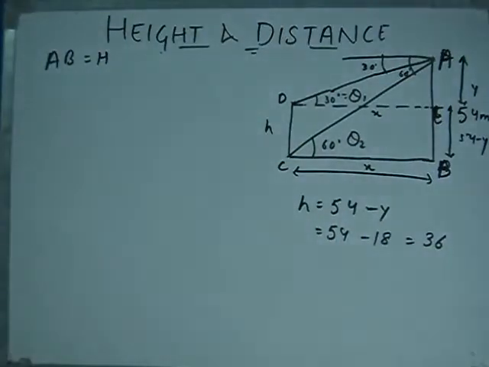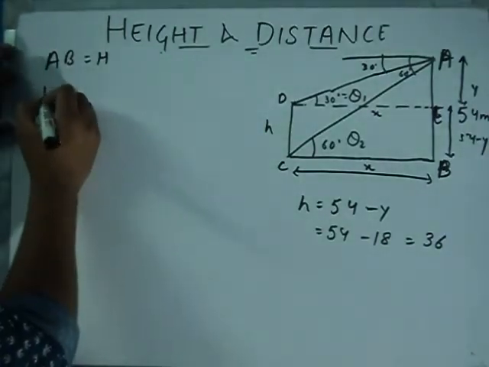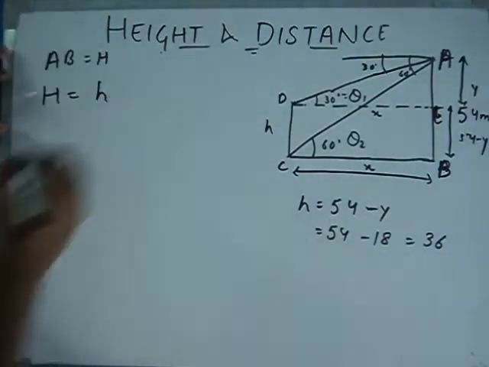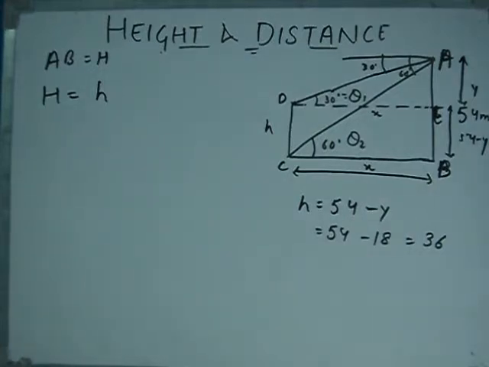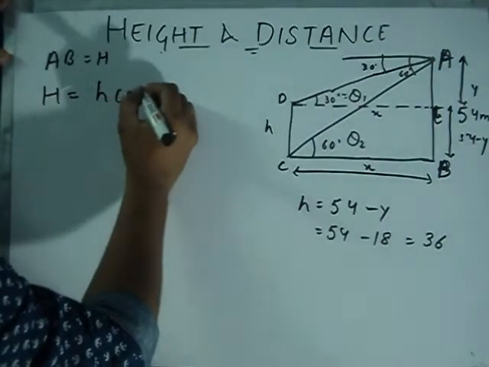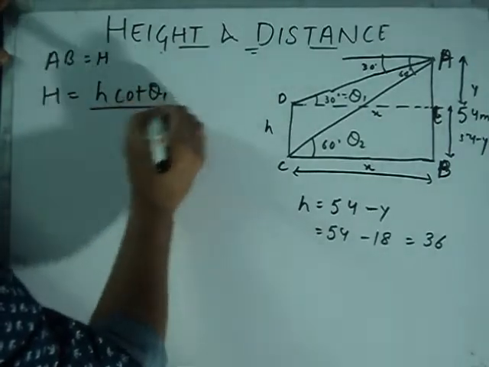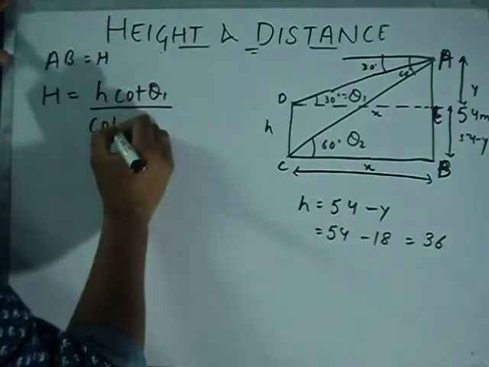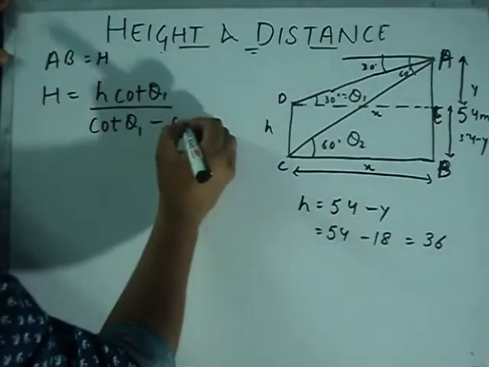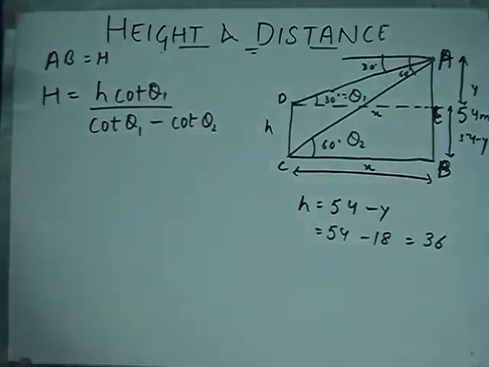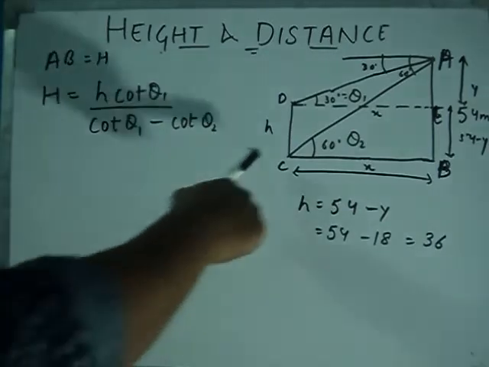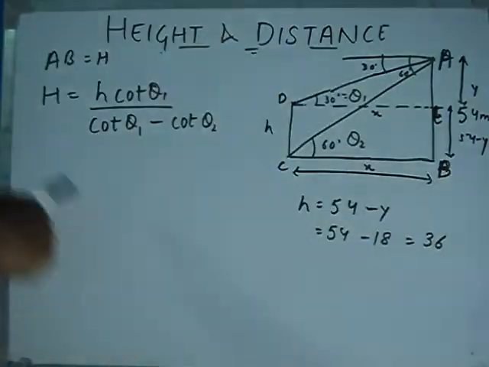We have these two angles and the height of the big tower H, and we have to find, using this relation, H is equal to small h divided by cot theta 1 minus cot theta 2. By using this relation, we can calculate either the height of the small tower or the bigger tower when the two angles are given.